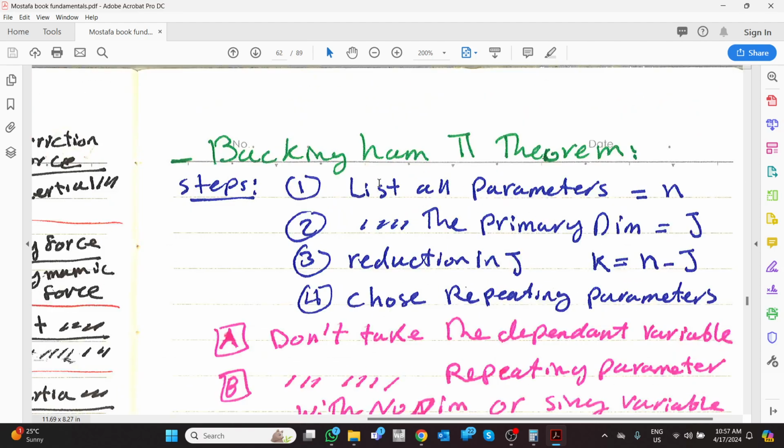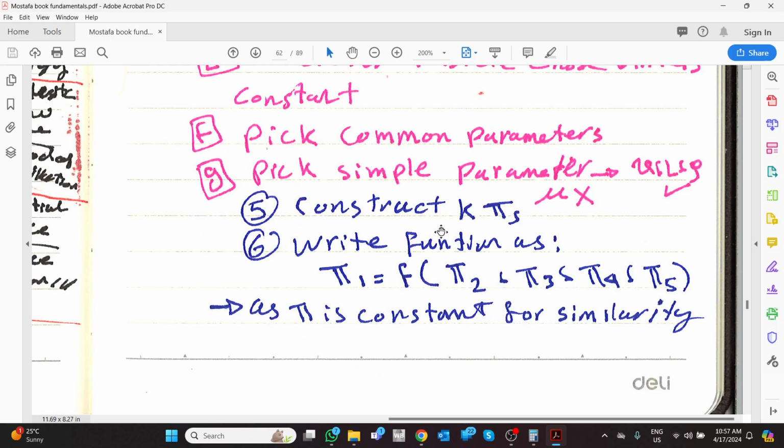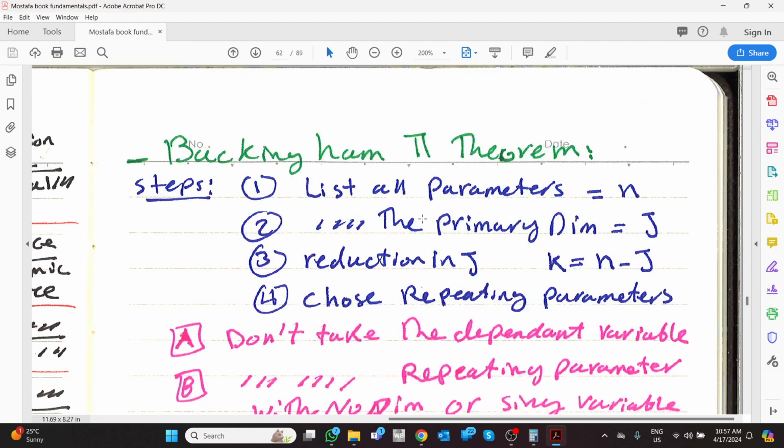There is one guy named Buckingham, with the Buckingham Pi theorem, who defined a way to cover these items. The steps I'm going to provide are very simple. Then afterwards we'll go into an example. Steps: list all the parameters, left and right side, and write the total number of parameters as n.